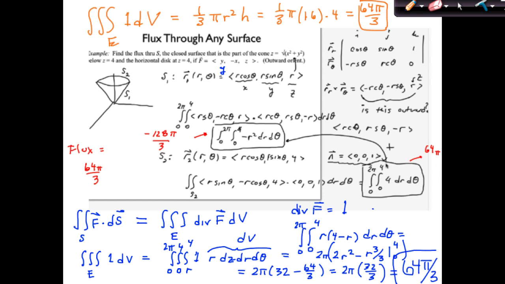Using the theorem means you're asked for the surface integral, and you calculate the other thing instead. So using the theorem to calculate a surface integral of a closed surface means calculating the triple integral of the divergence. That's what using the theorem is.